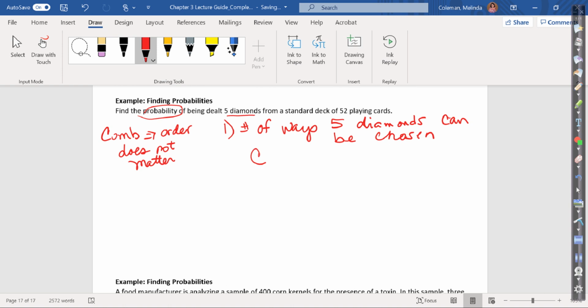Well, that's going to be the combination. We want 5 diamonds, so that's going to be the 5. But how many diamonds are there total in the deck? Well, in the deck of cards, there are 13 diamonds. So if I did 13C5, that would end up being 1,287. Uh-oh.